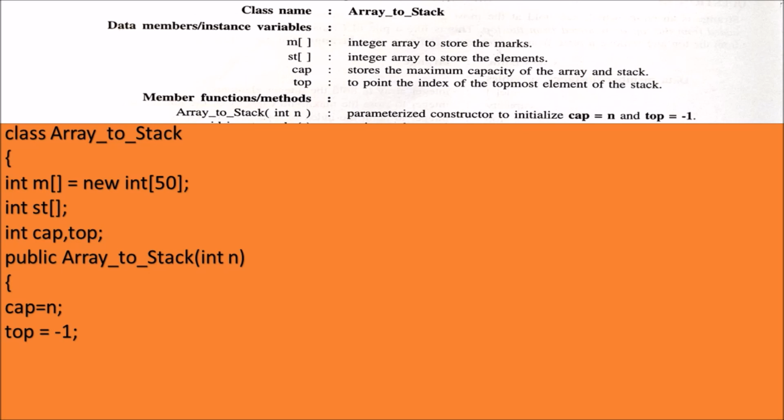It is understood that whenever we give the size of an array, we need to instantiate or create the array. So st we have already declared. Now to instantiate, we need to write only st equals to new int, with capacity in brackets. So we will assign this. This way we can instantiate this array. So this is the definition of the parameterized constructor.